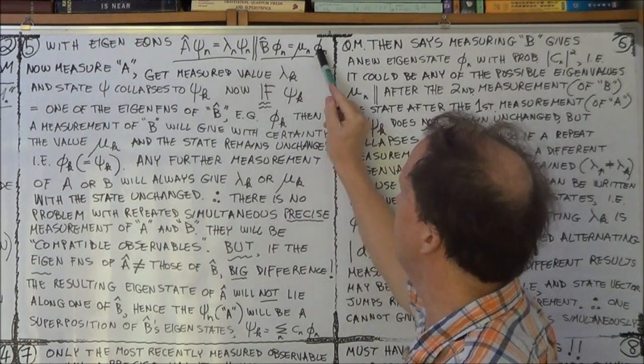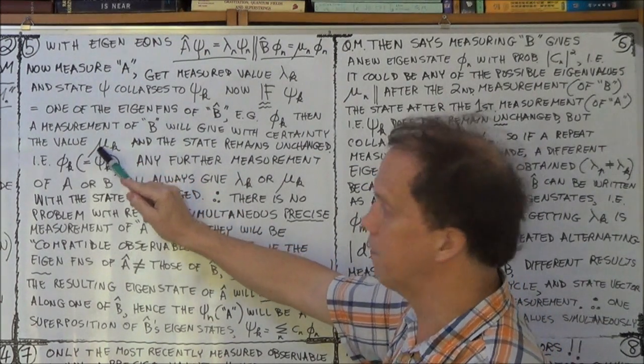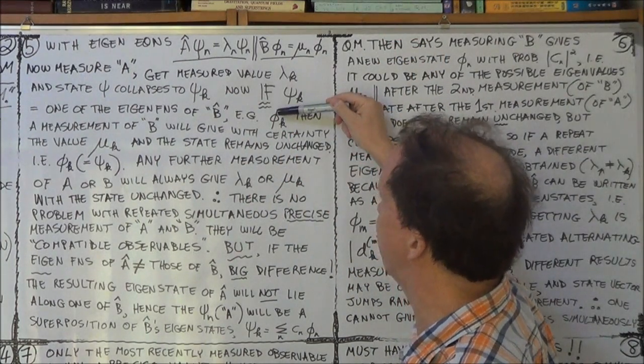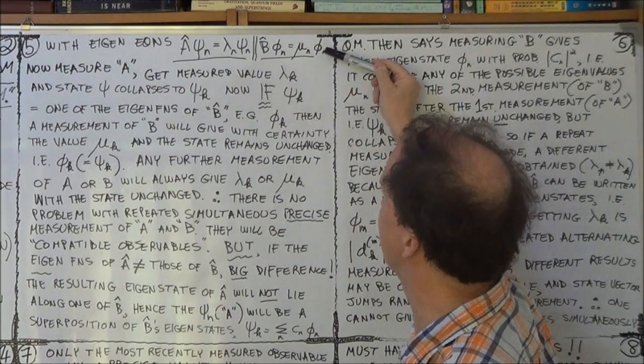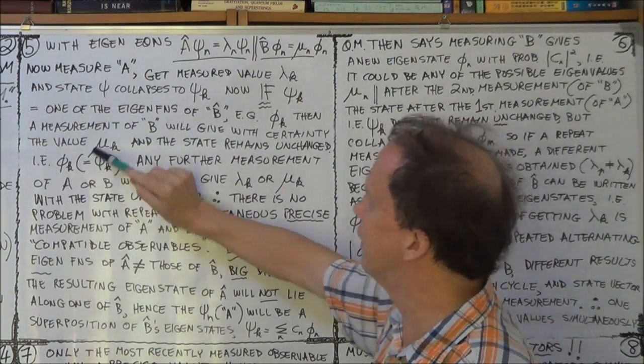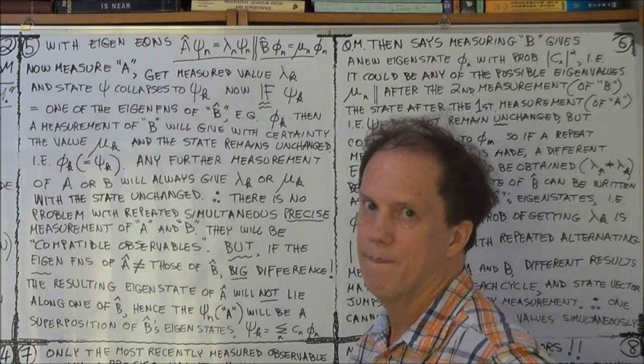So if it's phi k, with certainty your measured value will be mu k, right? So if you're getting phi k, so this n here is k, so it'll be mu k here. You will get that with certainty, okay?